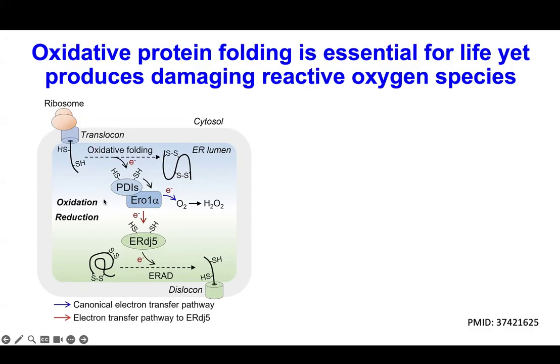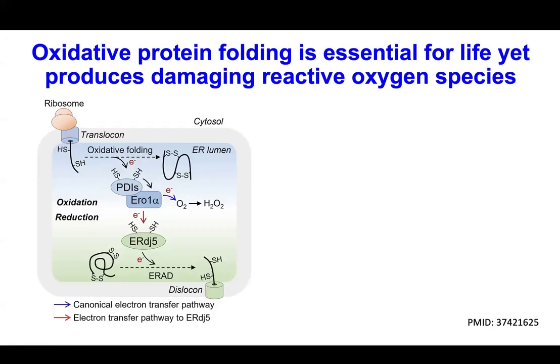They come into the lumen of the ER, and the intermolecular cysteine groups form the disulfide bond, and in that process, they donate an electron to the downstream electron acceptor, through a chain of electron transfer that is catalyzed by a complex including PDI, protein disulfide isomerase, and ERO1, which is an oxidase.